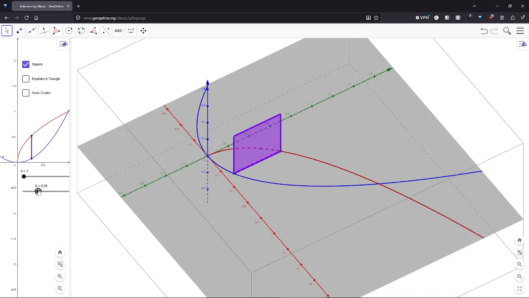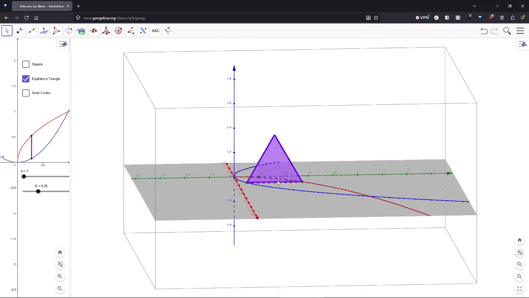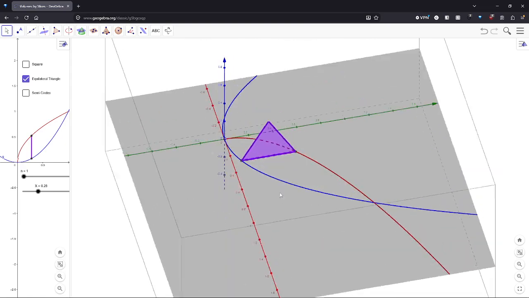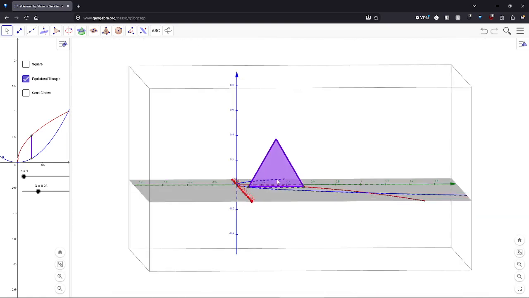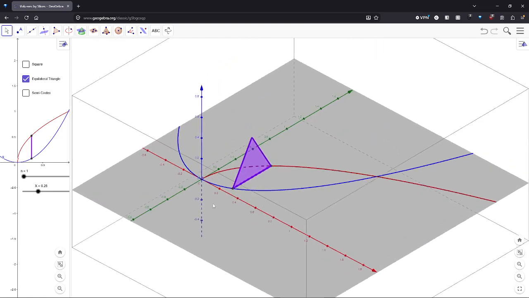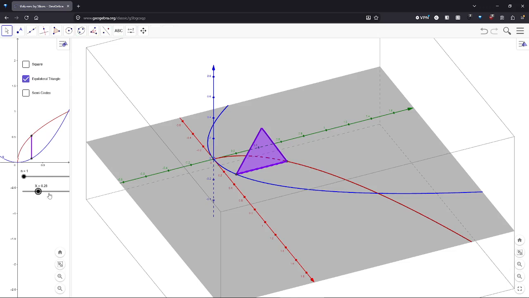We could imagine different volumes that have different cross sections. Instead of a square, I might have an equilateral triangle cross section. Again, I still have my potato that I'm slicing. It just turns out that when I look at it from the side, the slices are triangles, and the triangles will change size as you go towards the ends.